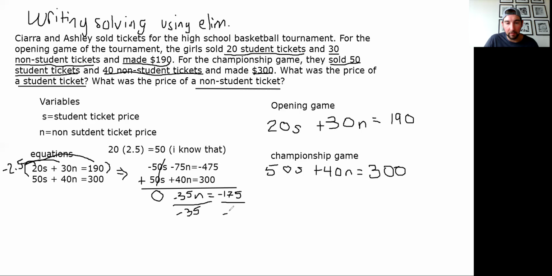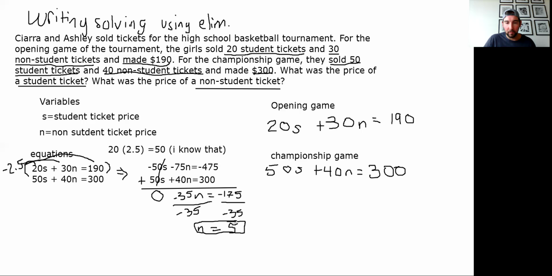Divide that by negative 35. And my n equals, well, let's see. I have negative 175 divided by negative 35, and n equals 5. So I know the price of my non-student ticket is $5.